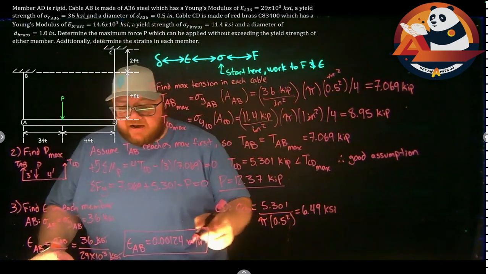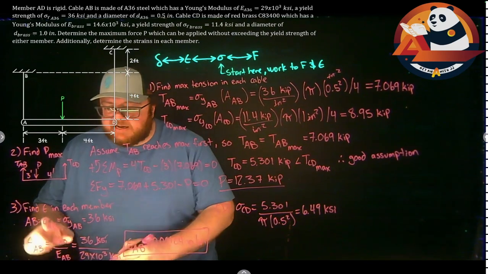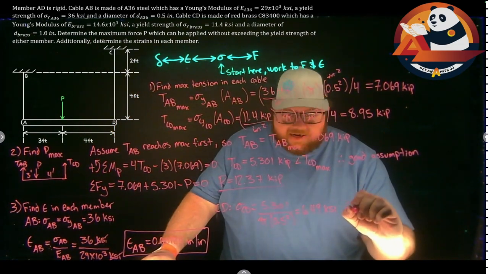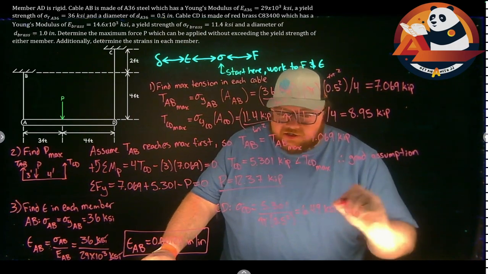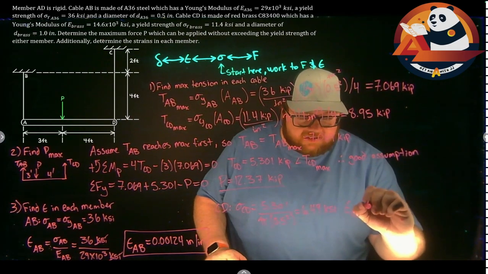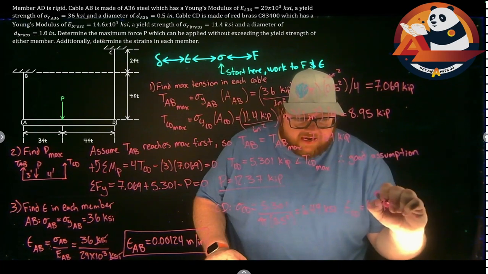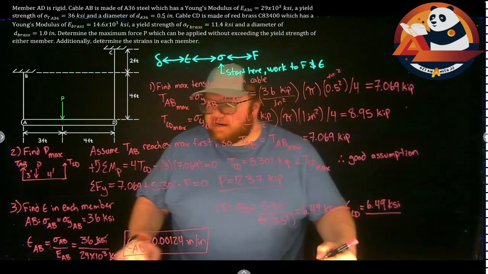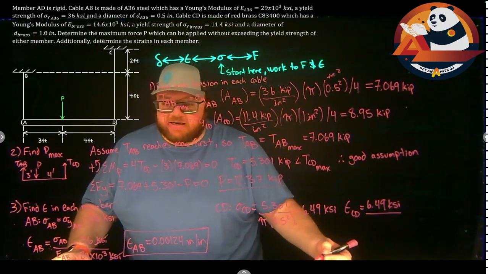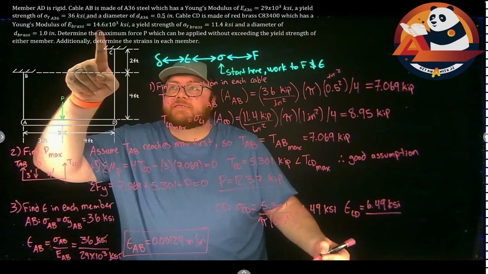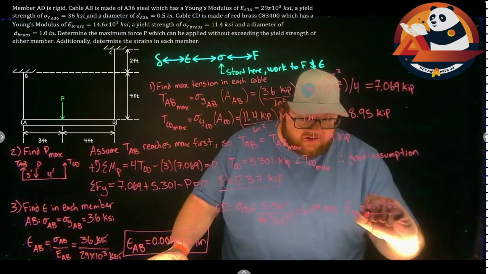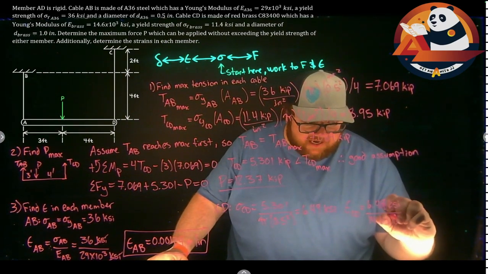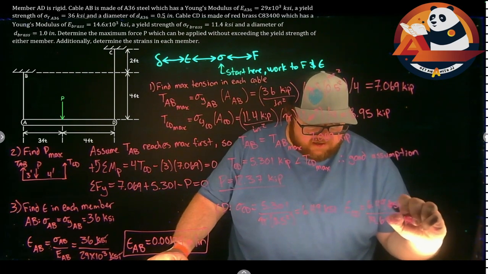Once I know sigma, I can then use sigma over E, which gets me my strain. So my strain in CD should be my stress, 6.49 KSI, divided by E. My E in here, what we were given, was 14.6 times 10 to the third KSI.